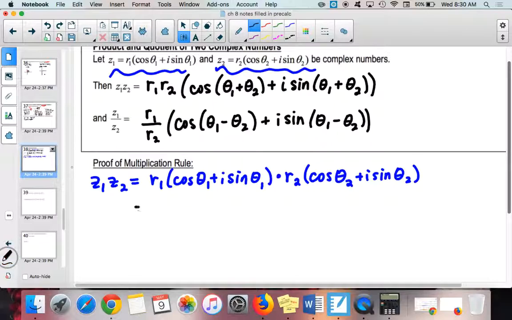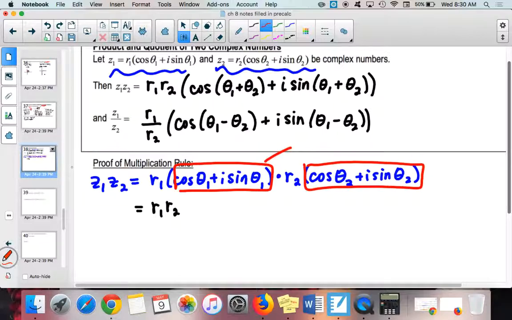All right, so we're going to multiply, and we're going to do r1 times r2. And then we're going to FOIL this multiplied by this. All right, you ready for this? You'll survive. So we're going to have cosine of theta 1 times cosine of theta 2.